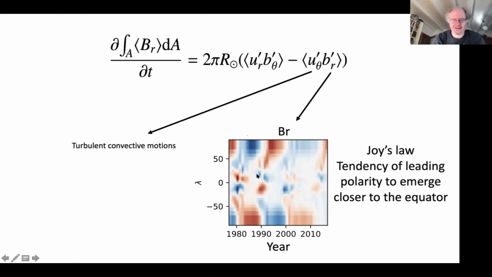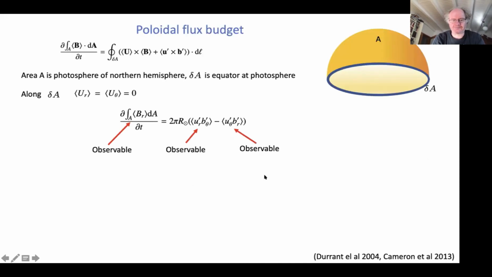If you look at the BR at the surface, this is a map of the magnetic radial field at the surface, slightly different, lower resolution than the previous one I showed, but the details are the same. You'll find one polarity sits closer to the equator than the other polarity.